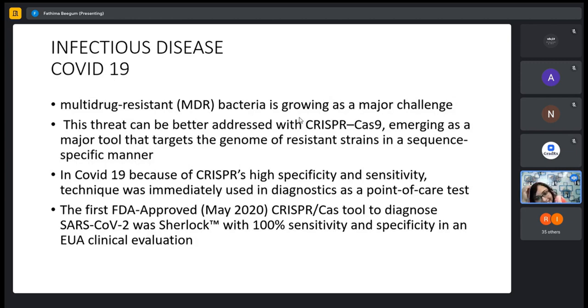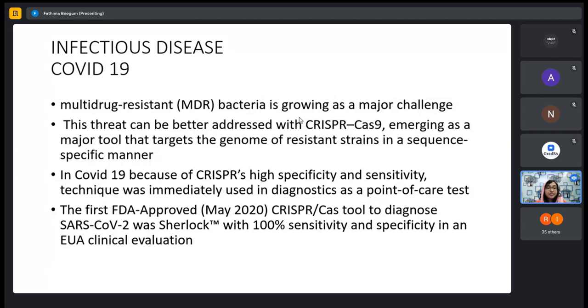Coming to COVID-19 diagnosis, CRISPR technology, due to its high specificity and sensitivity, has been taken up as a point of care interest. The first FDA approval came in May 2020. The CRISPR-Cas tool was approved by the FDA to diagnose SARS-CoV-2, and that was SHERLOCK, with 100% sensitivity and specificity.